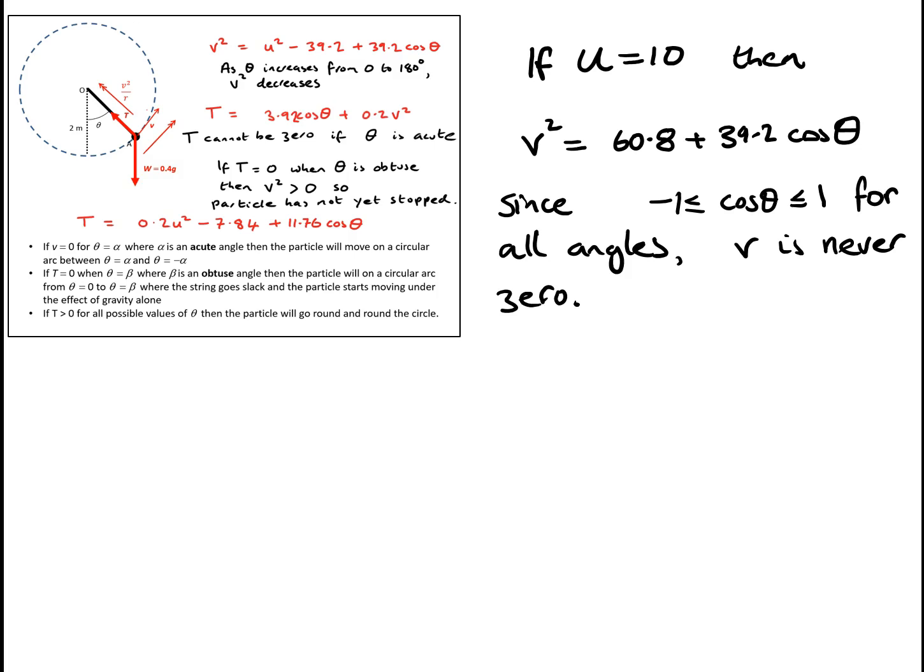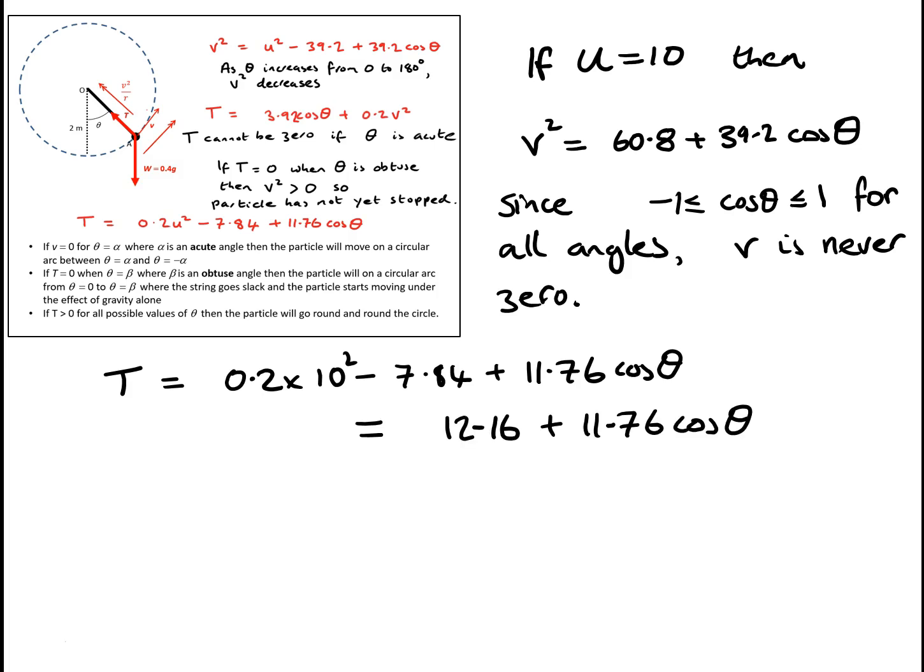What about the risk of t being 0? We need to check that out. So the t expression is t equals 0.2 times 10 squared minus 7.84 plus 11.76 cos theta, which simplifies to t equals 12.16 plus 11.76 cos theta.